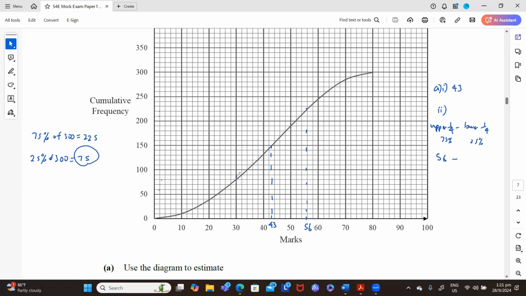So right here, 50, 60, 70, so 75 is here, in the middle. Trace it down.